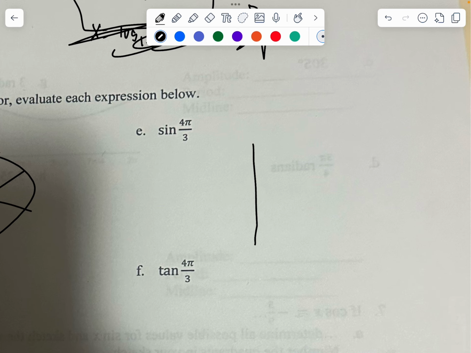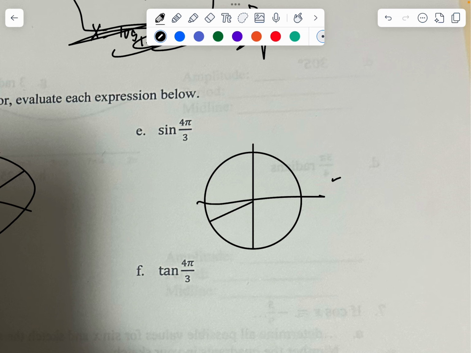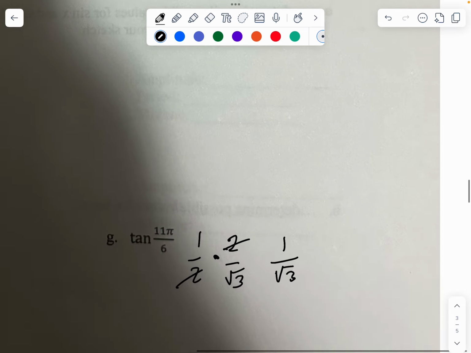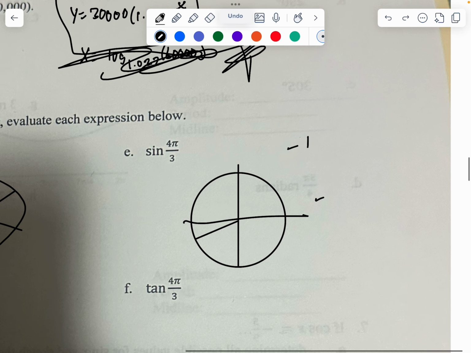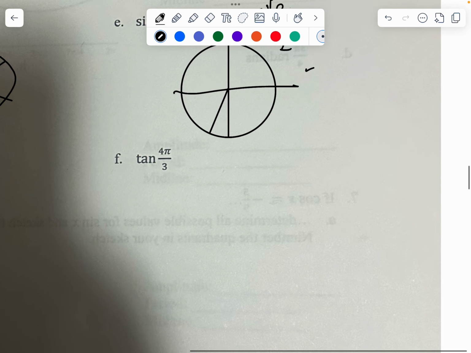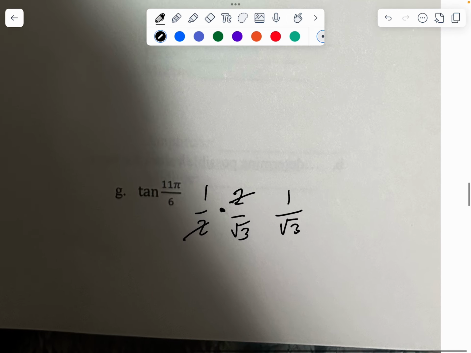Sine of 4 pi over 3. So sine is going to be negative 1/2 there. No, that's not the right coordinate. It's 4 pi over 3 is right here. Sine is going to be negative root 3 over 2. Tangent is going to be... Oh, I got this one wrong down here.